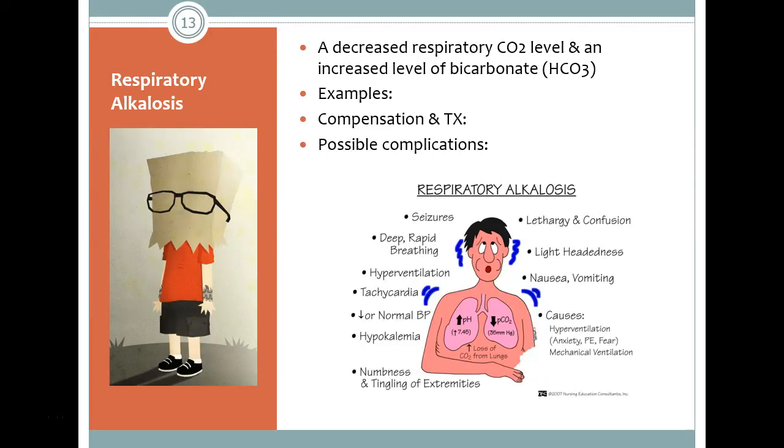So anxiety, PE, fear, and then finally, if we have a patient who is on a ventilator to help them breathe, if we don't have the vent settings right, then we could potentially cause this imbalance to happen due to our interventions and our settings on the ventilation. So we got to make sure that the vent machine, the ventilation is accurate for the patient.